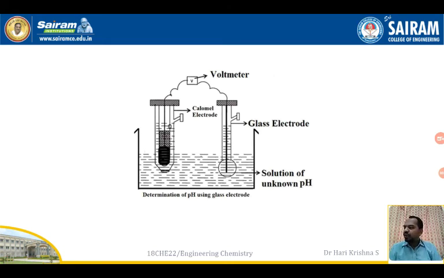Here the calomel electrode acts as the cathode and the glass electrode acts as the anode. The cathode reaction is H plus ions undergoing reduction, giving hydrogen gas. This is the construction part. Both are connected to a voltmeter and dipped in the solution whose pH has to be determined.